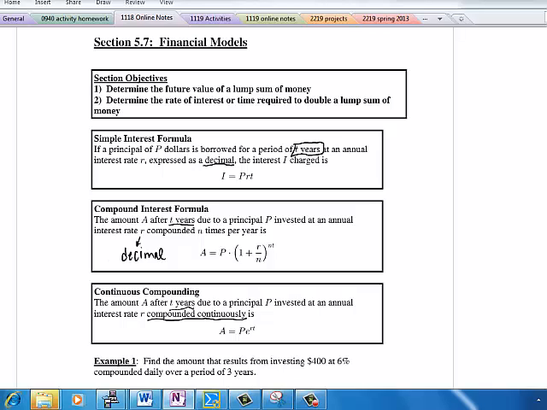Again, T is in years and R is a decimal. What happens is as the number of compoundings increases without bound, as n increases and increases, we approach this formula. So we say it's compounded continuously, and then we use P times the base e raised to the RT.